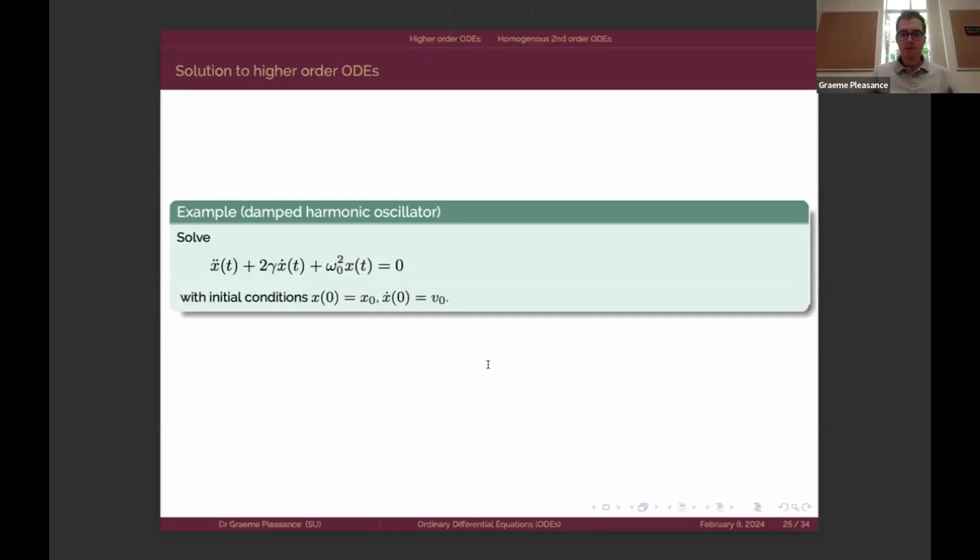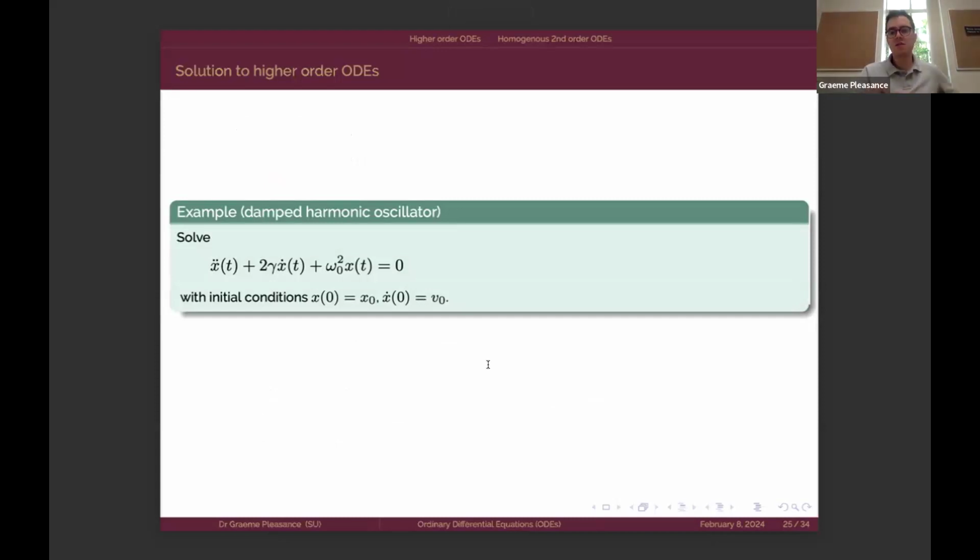Okay, so I mentioned previously that an example in physics that's quite commonly encountered, in which you consider a second order ordinary differential equation, is what's called a damped harmonic oscillator.